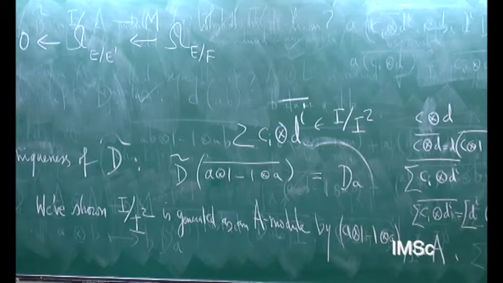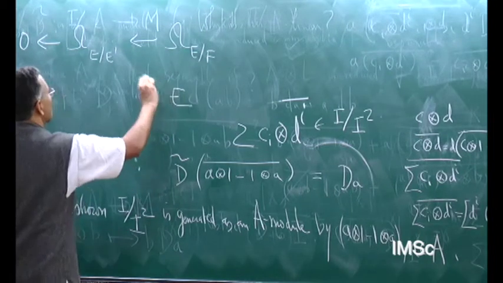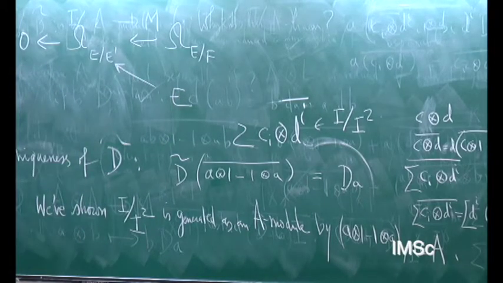Okay, is there a map like that? Well, there is a map like that, right? That's the universal derivation. It is E prime linear. Therefore, in particular, it is an F derivation.